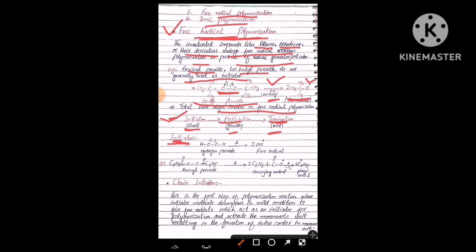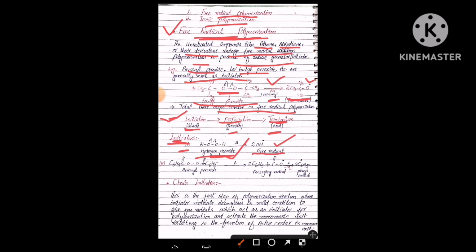If we use hydrogen peroxide and heat it, the oxygen-oxygen bond will break homolytically and convert into two OH free radicals.